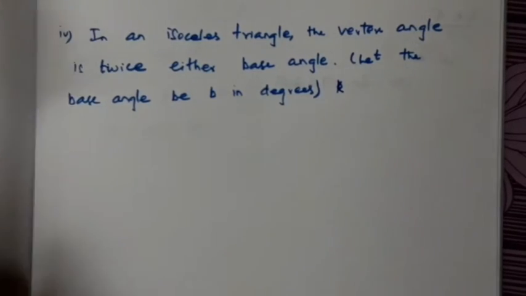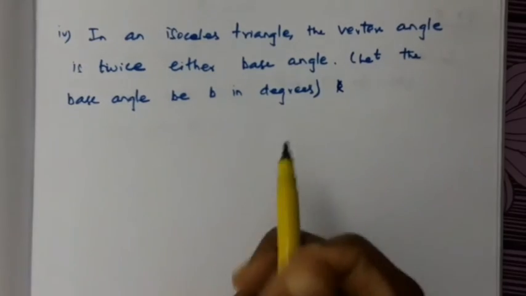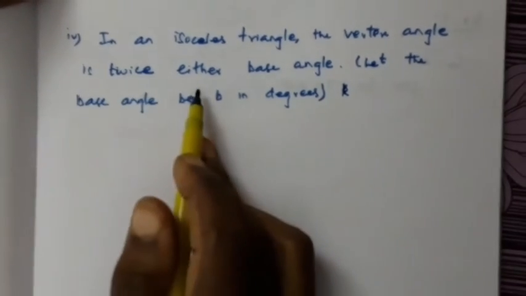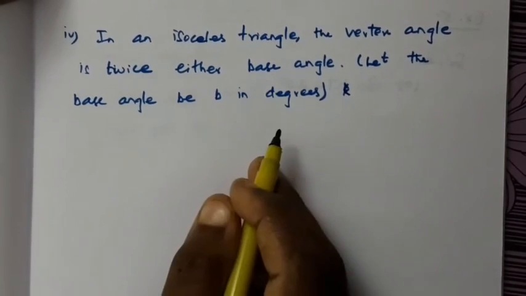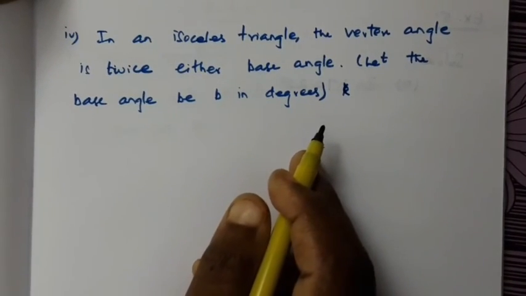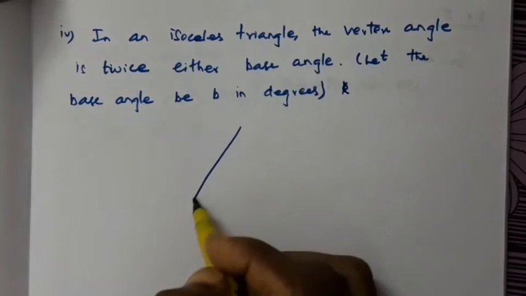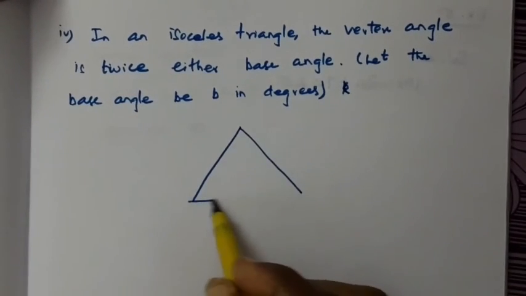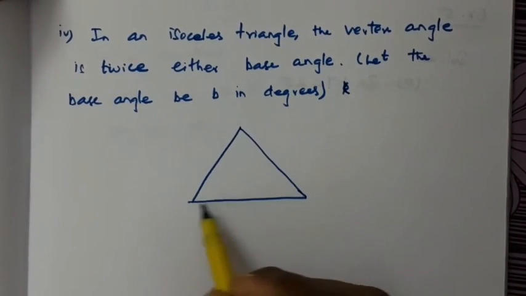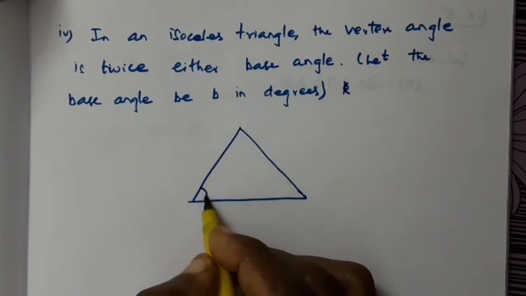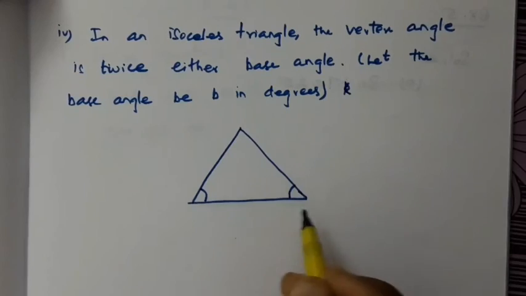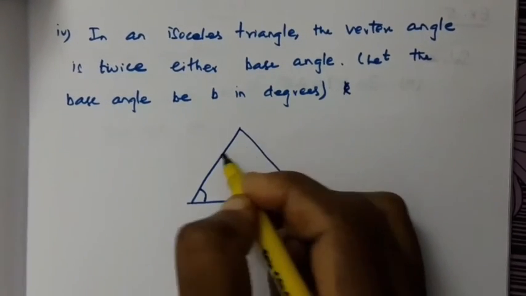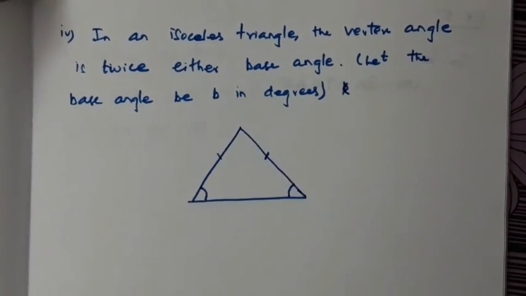The next problem is, in an isosceles triangle, the vertex angle is twice either base angle. Let the base angle be B in degrees. First we will draw an isosceles triangle. If this is the base, both these angles are equal. These are called the base angles, and this is the vertex angle, and these sides are equal.